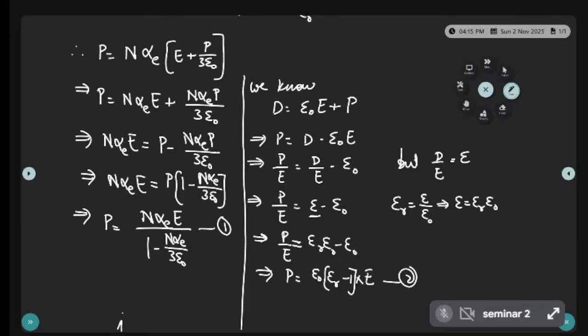Right. What do equation 1 and equation 2 represent? Both are equated for what?